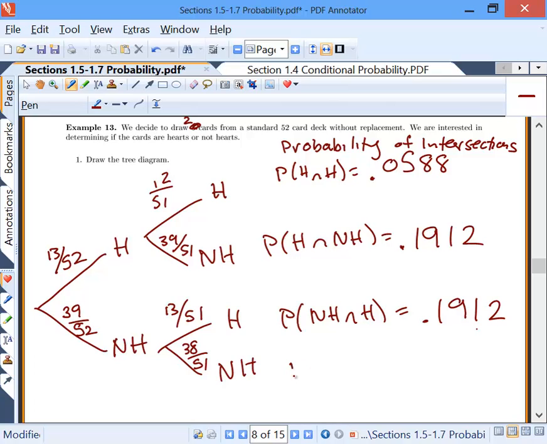And my last branch, the probability of a not heart and then another not heart, 0.5588. Okay. Anyone get anything to disagree with me? So that's my tree.